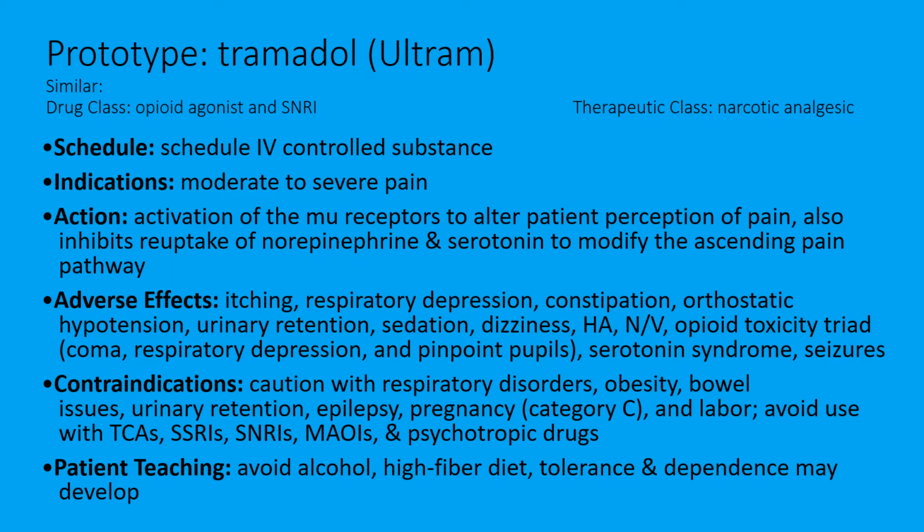Why would we avoid alcohol? Well, because of the opioid component to this drug. Why a high fiber diet? Constipating with opioids, right? You can also develop tolerance and dependence to this drug because of the opioid component. Okay, I hope that helps.